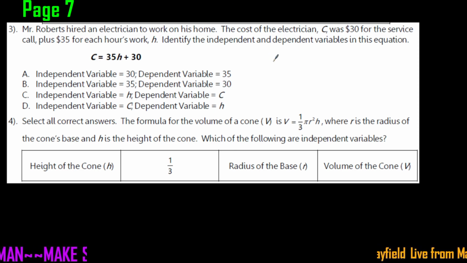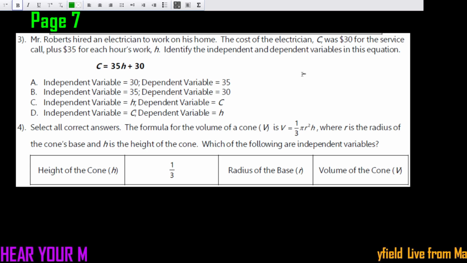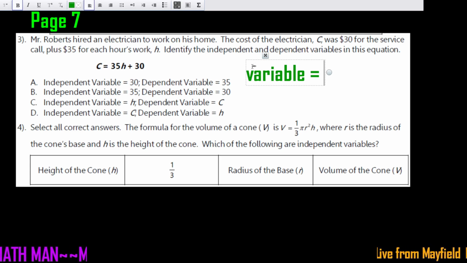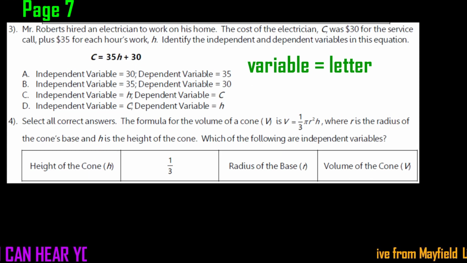So let me actually type that real quick for us. Let's go in green again. Again, you want to make sure you're looking at variable means a letter. So if you keep that in mind, you can know to eliminate some of these. Since it says independent and dependent variable and it has those values there, meaning those numbers, you know it can't be those, because we're looking for where it has strictly a letter.